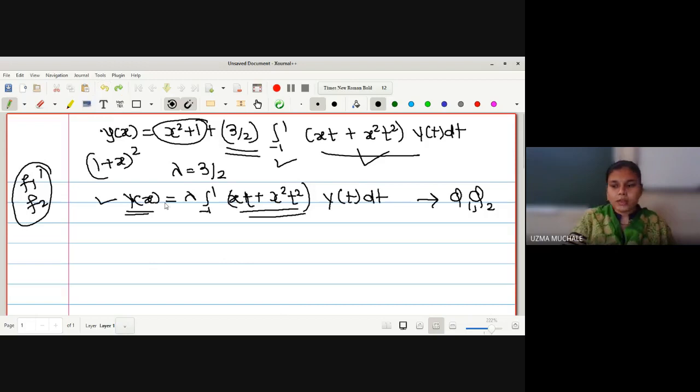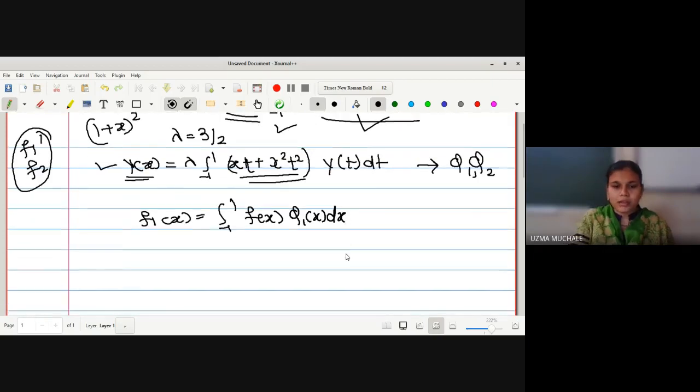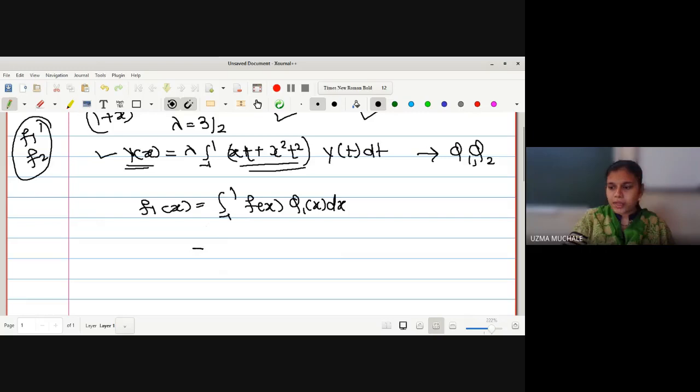Now let me write down that the functions phi 1 and phi 2 we have already calculated in the last example. For that, the value of f1 is the integration from minus 1 to 1 of f of x into phi 1 of x dx. The value of f of x in this example is 1 plus x square, and the value of our function phi 1 of x is root of 3 by 2 into x.